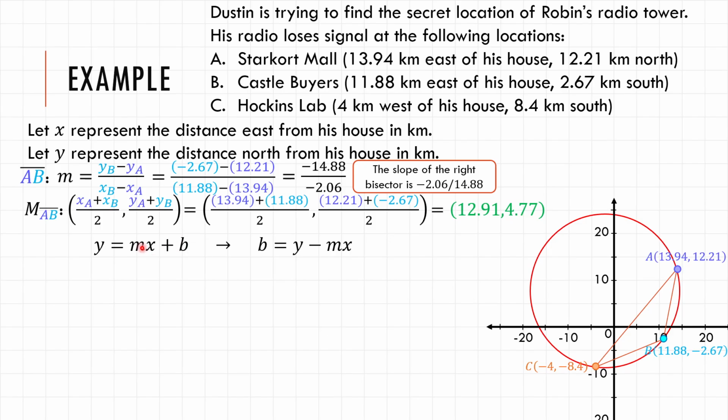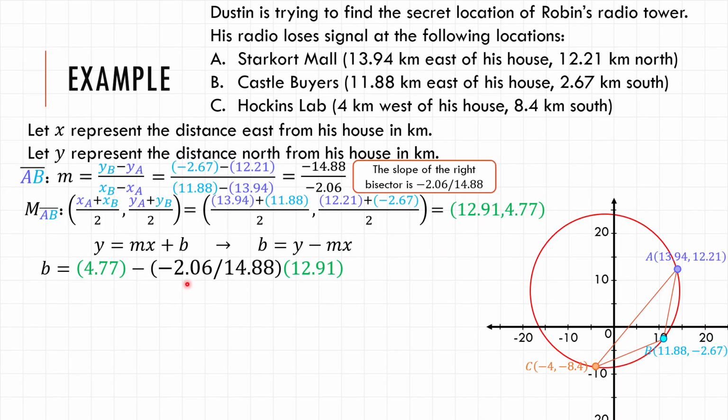To isolate b, I just have to subtract mx on both sides. That will get rid of it on this side, and then y minus mx will be on the left, which is exactly what I've got here. Okay, so b equals y minus mx. My y value is 4.77, m is negative 2.06 over 14.88, and x is 12.91.